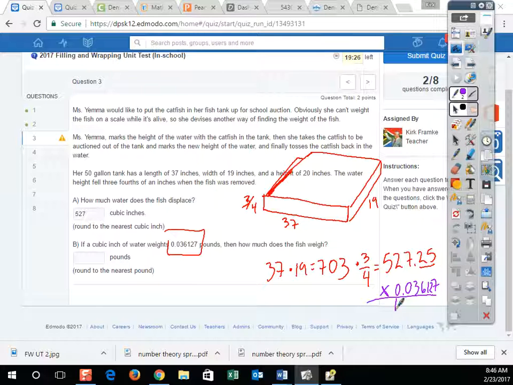I think it's like 19.03 or something like that. That's enough, thank you, Zach. So, to the nearest pound, that would be a 19-pound fish. That is a big catfish.